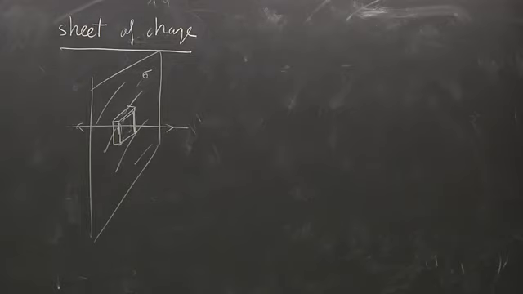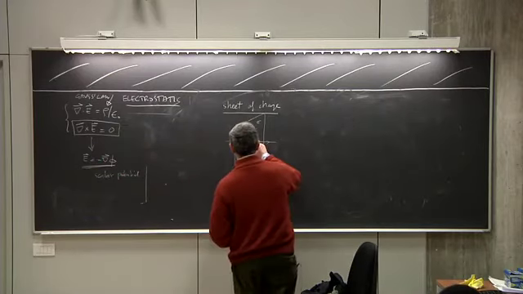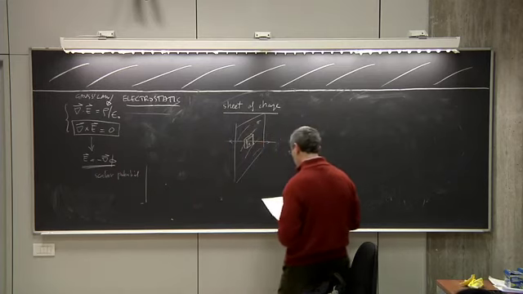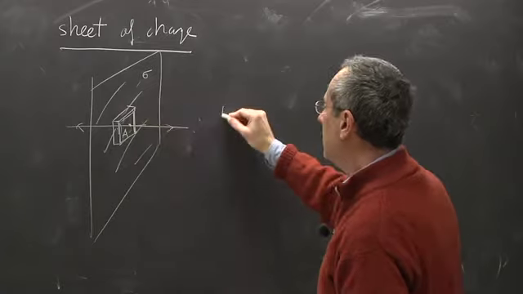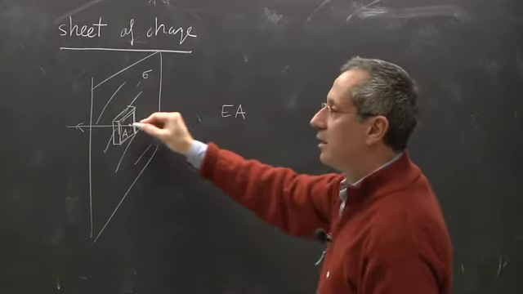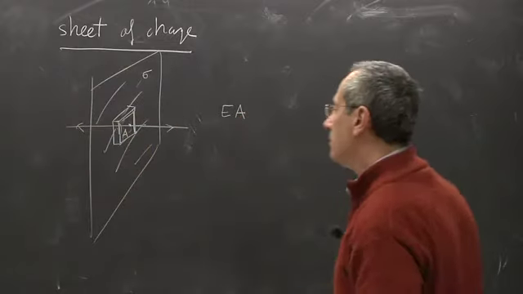So you take this very small surface, and it has no component on the side, so there is no leakage. If you call this unit of area A, you simply have that on this side you have E times this area when you take the integral of the normal component of E.